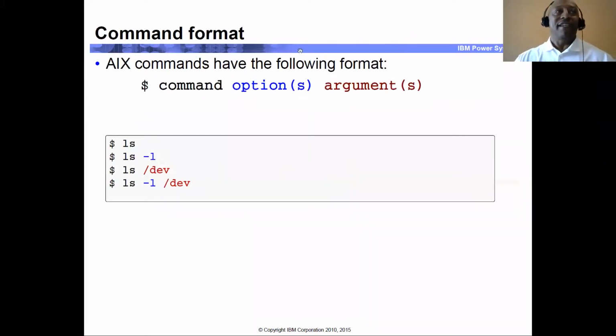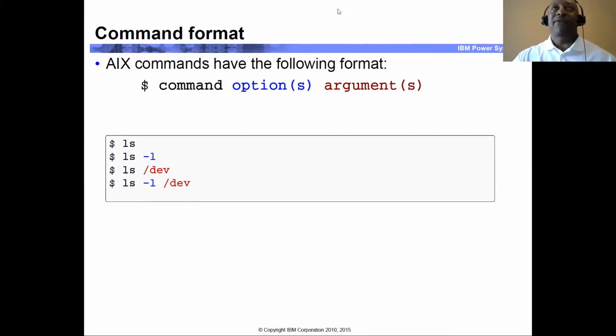Okay, so command format. We can't just type in commands any way we want. The commands have a specific format on the command line, as far as what the shell looks for. And this is the typical command format. Again, typical, there are always changes or variations.